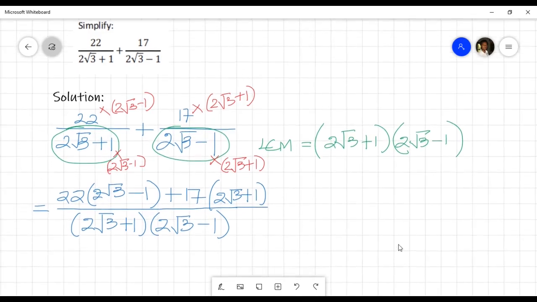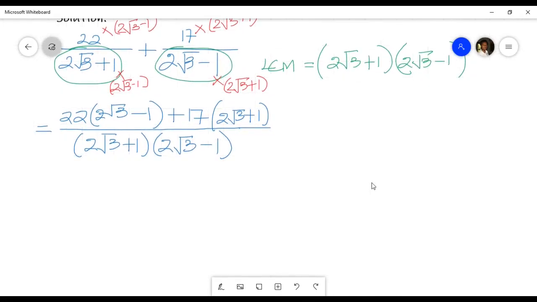Next, let us see the next step. What we have to do now is open the brackets, and pick up every term, term by term, to open the bracket.